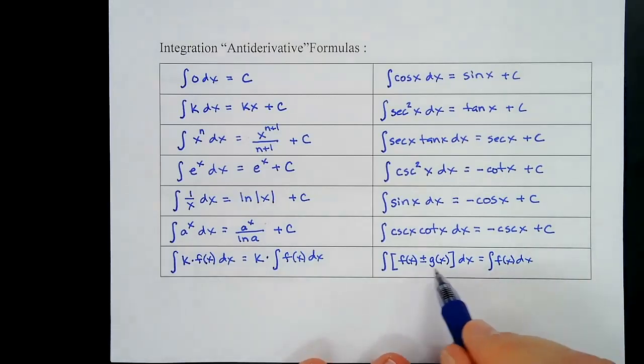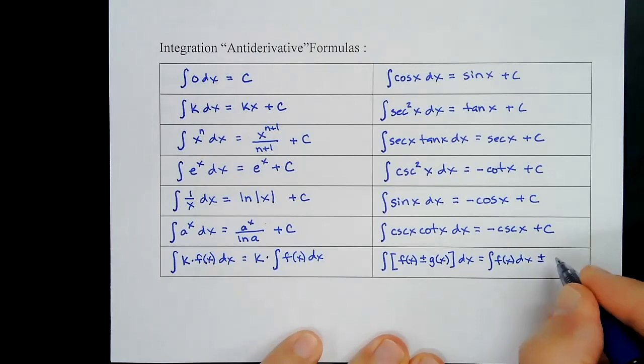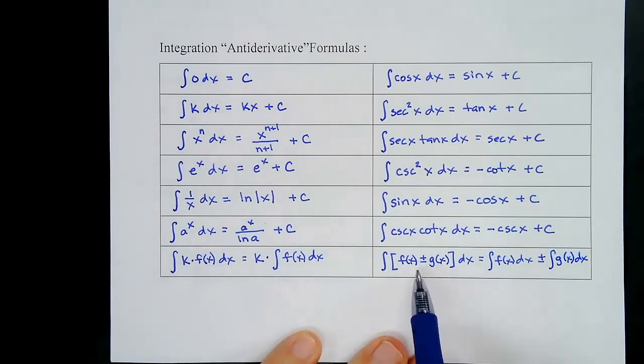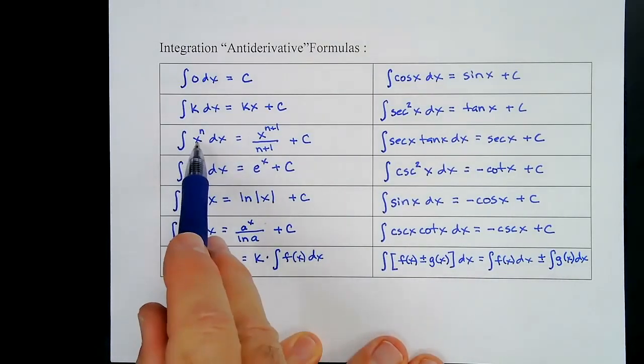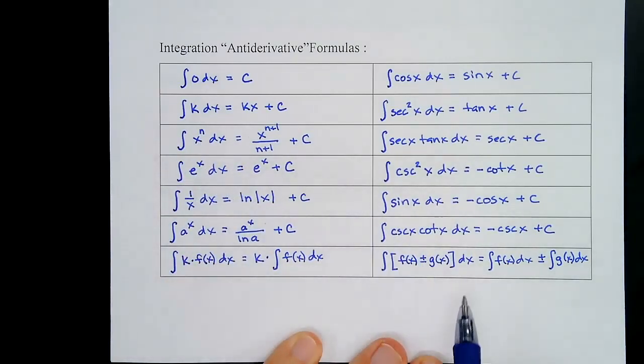We can take the derivative of each one individually, and this one would be plus or minus, and then the integral of g of x dx. So a sum or difference we can break up into individual integrals. That's going to allow me to integrate a polynomial, okay? Because if I have x to the 5th plus x to the 4th, that's going to allow me to do each one individually.